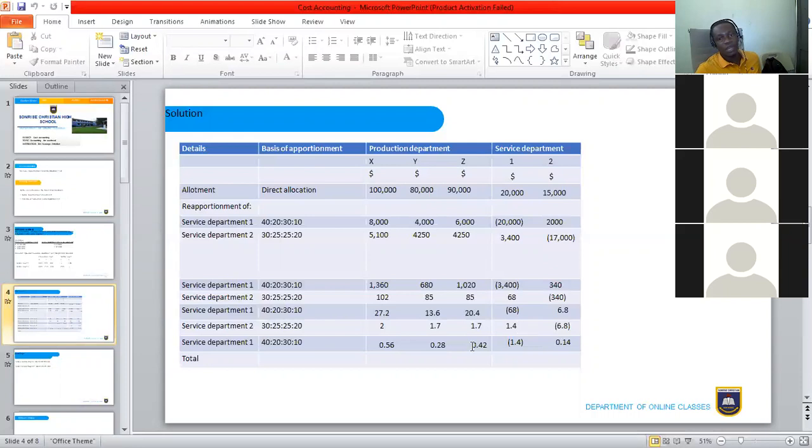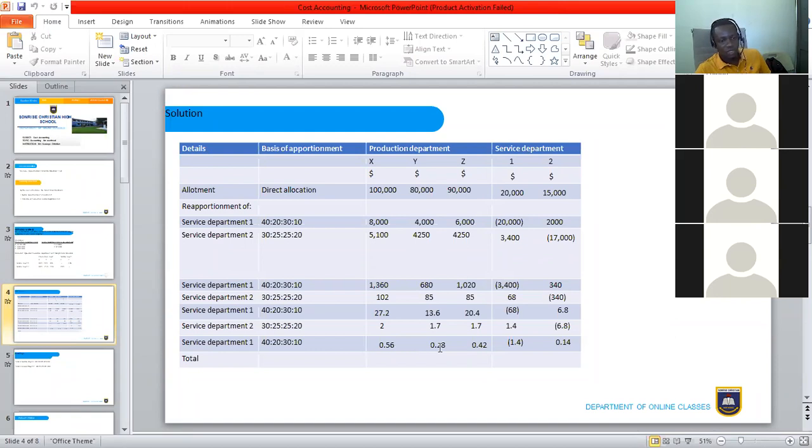So we just move on and write service department 1. Then we use the percentages that have been given to us for the reapportionment. When that is done, for production department X we are getting 0.56.